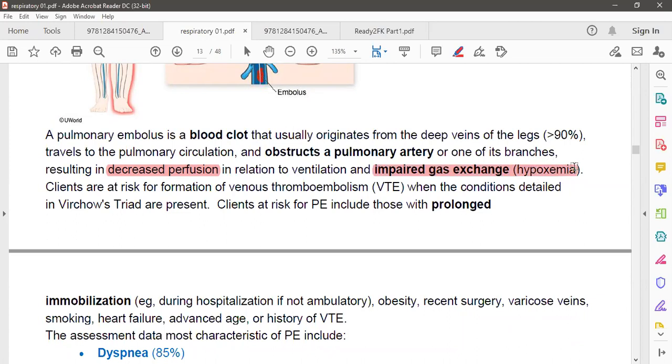So when we check the arterial blood gas analysis, we can find the imbalance.